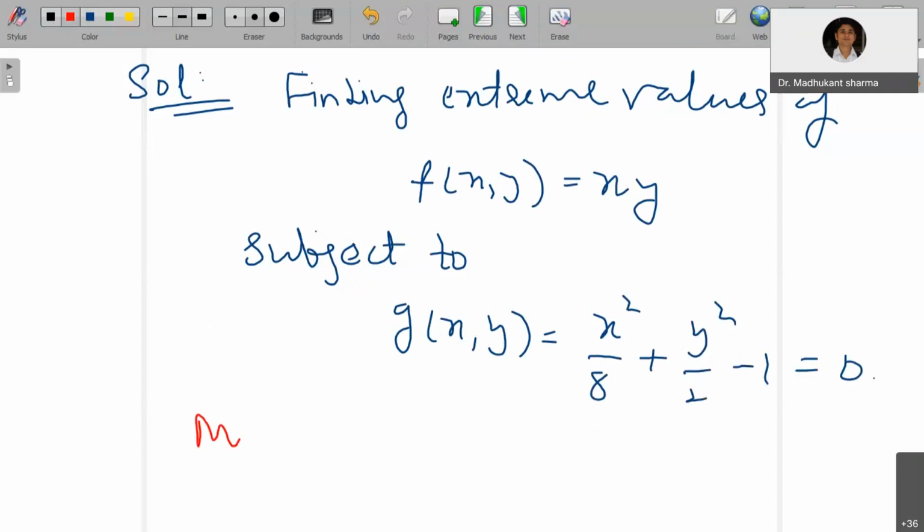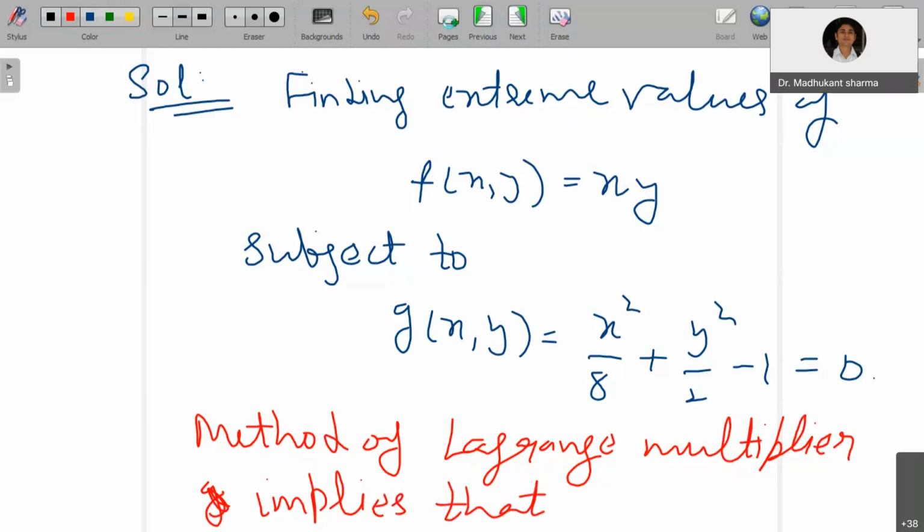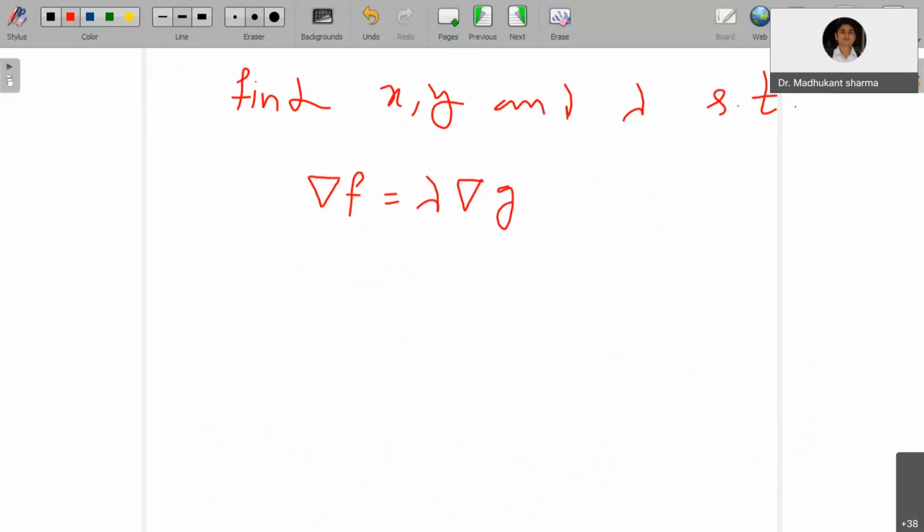The method of Lagrange multiplier gives you the following: find x, y and lambda such that grad f equals lambda grad g, and g equals 0.